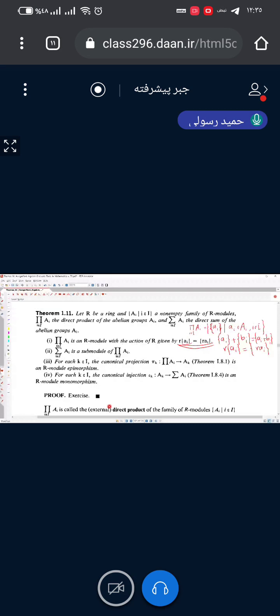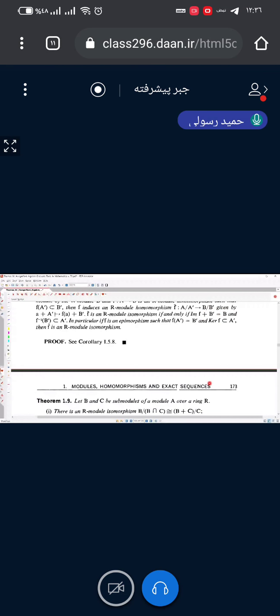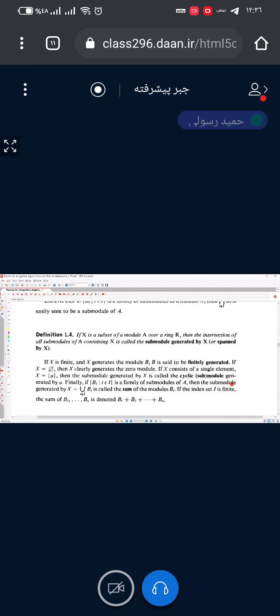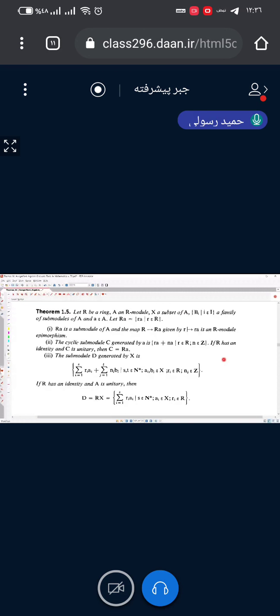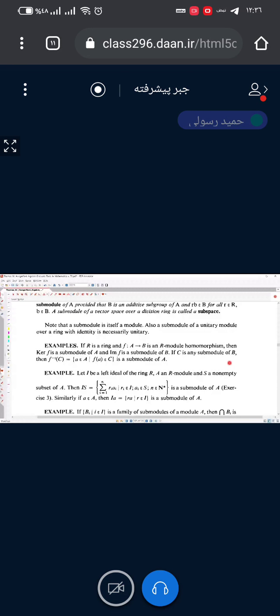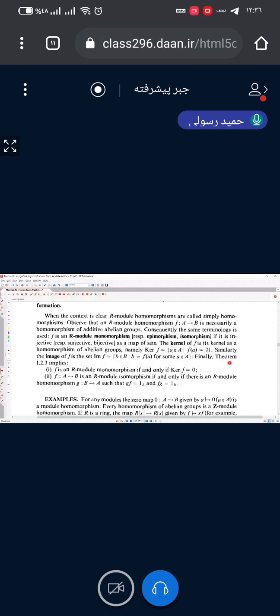So product of AI is an R module, as I said, and sigma of AI is a submodule of product of AI. Sigma of AI was introduced in the previous page. I think here.